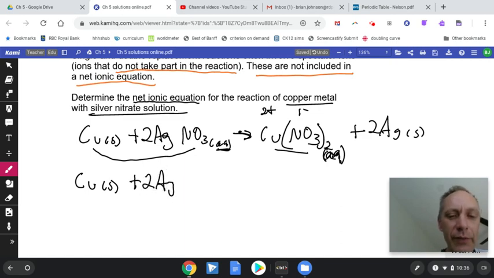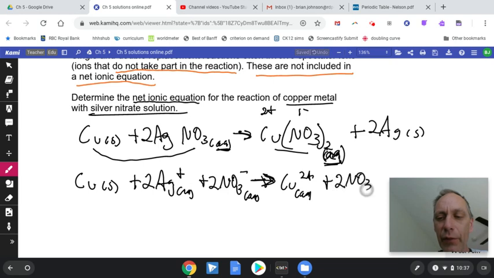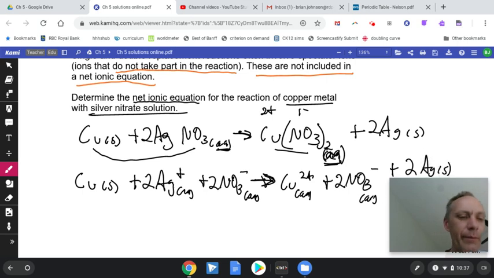So this is made up of 2 Ag plus ions, 2 NO3 minus ions. This one's also highly soluble, so it breaks apart into a copper 2 plus ion, 2 NO3 minus ions, and 2 silver solids.